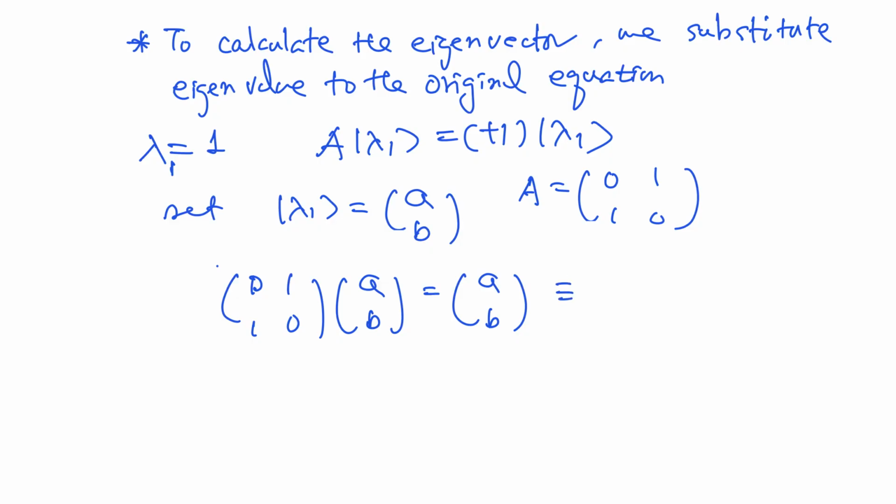So what do we have? b is equal to a, right? So |λ1⟩ is simply (a, a). And then we normalize it.